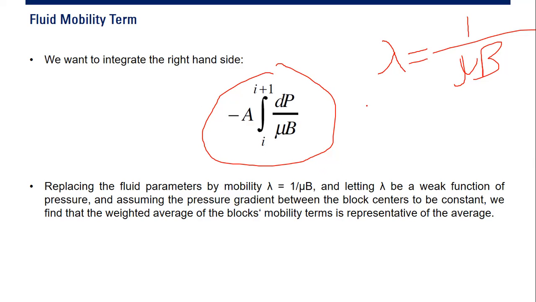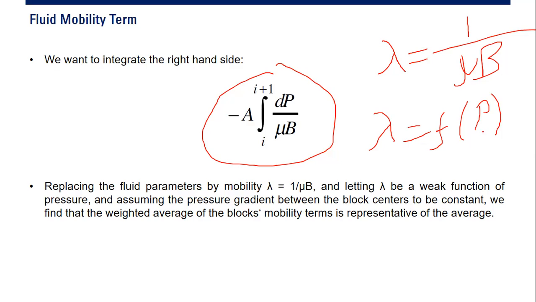So lambda is a function of pressure, but a weak function. Jadi mobilitas itu bergantung sama tekanan, tapi tidak terlalu bergantung. Kebergantungannya itu lemah. Lambda, fluid mobility, is a weak function of pressure, and we assume that the pressure gradient between block centers is constant.